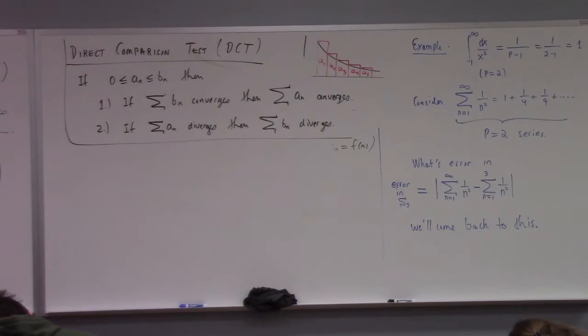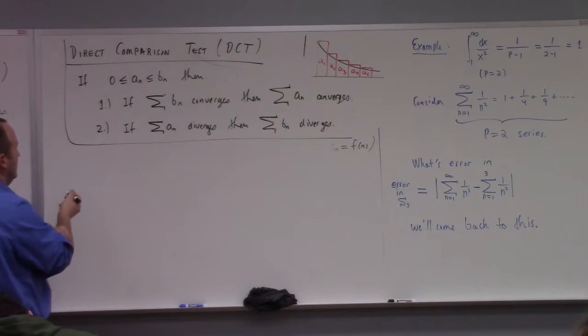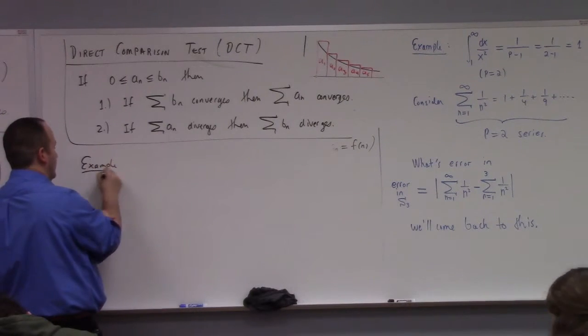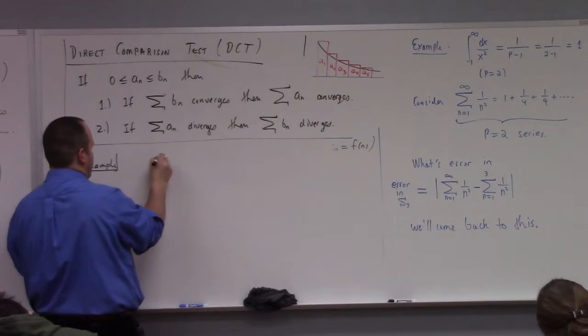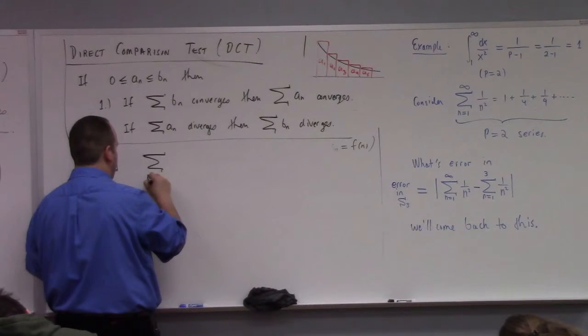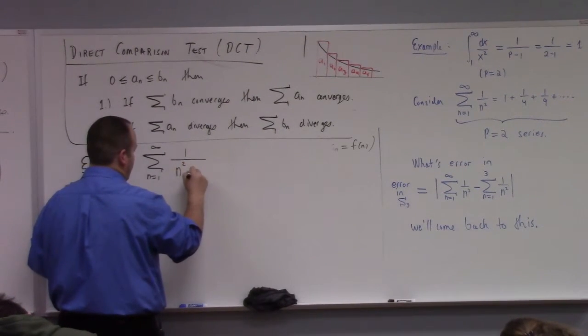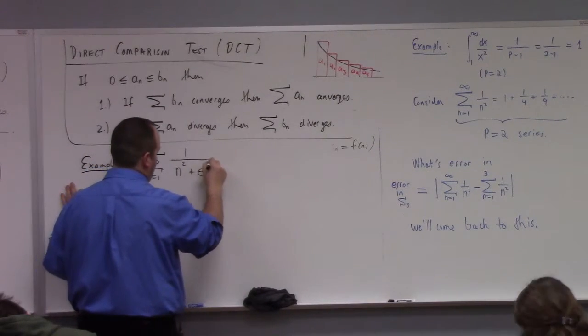So let's see if we could think of something. A silly example, something like the sum from n equals 1 to infinity of 1 over n squared plus e to the n, maybe.